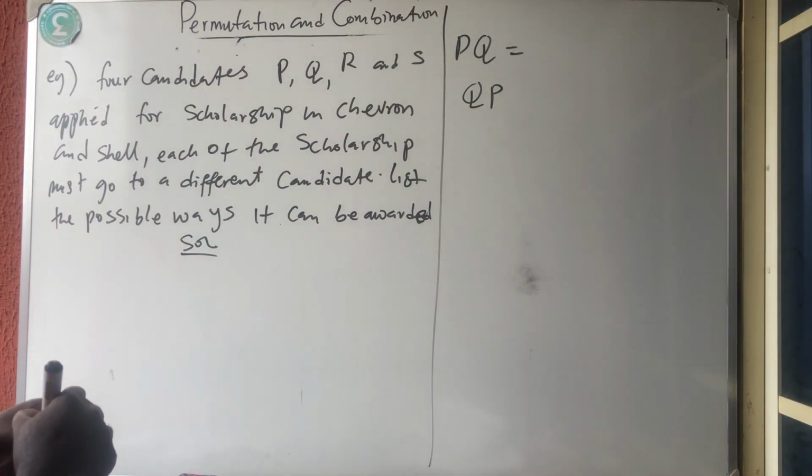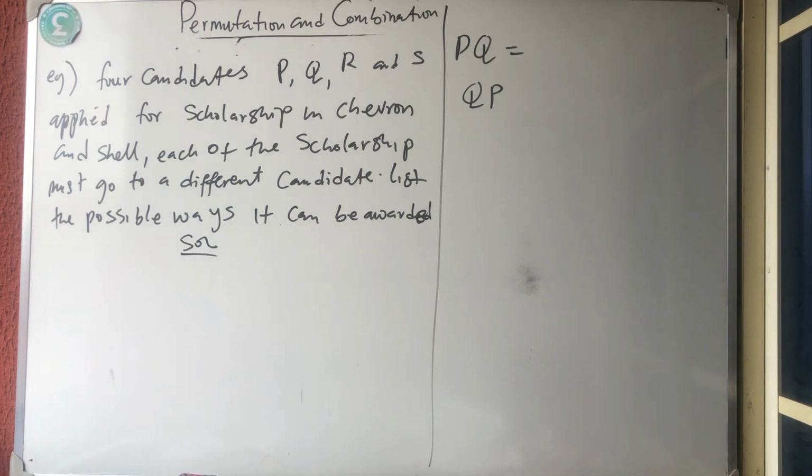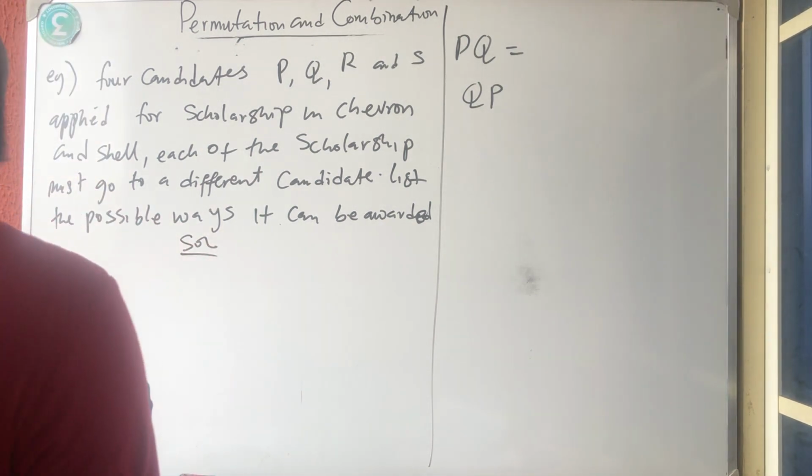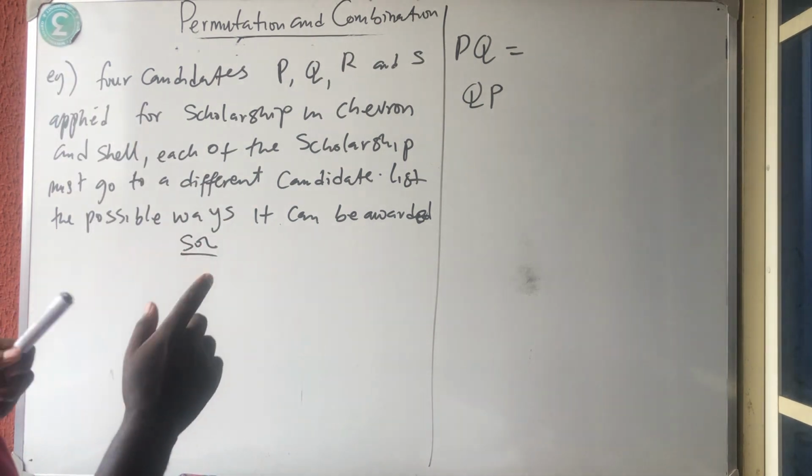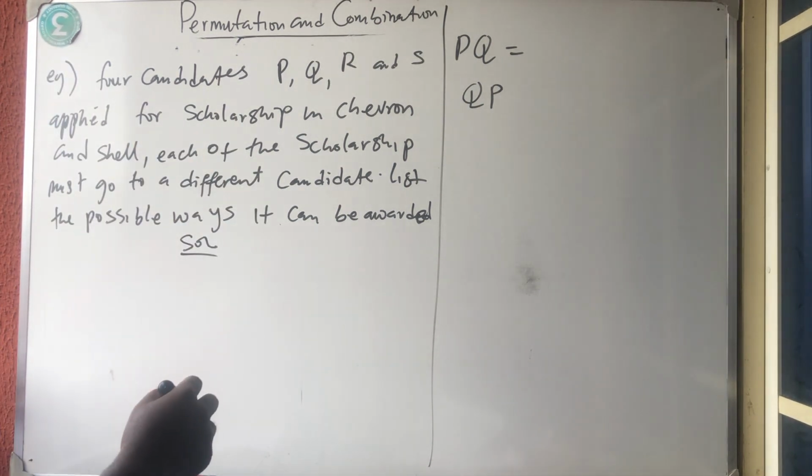So which means this is arrangement, because the order is very, very important. We take note of the order. So since it's arrangement, it is permutation. Permutation is arrangement, while combination is selection.